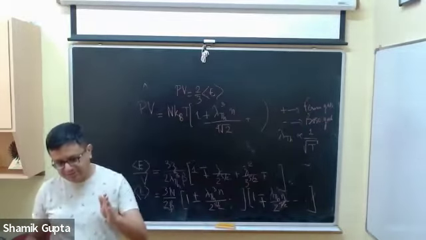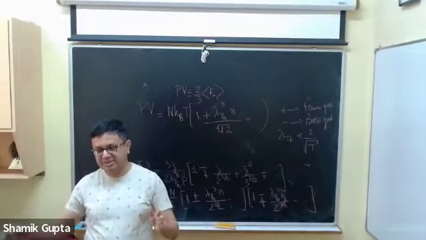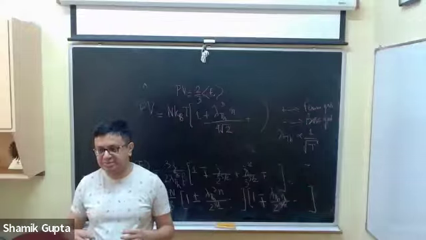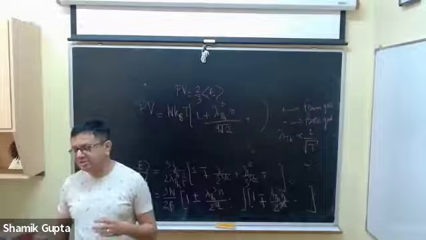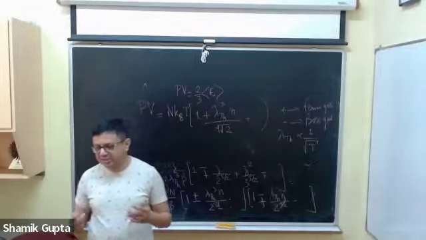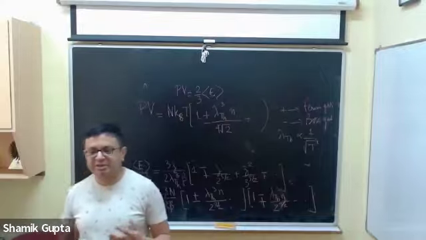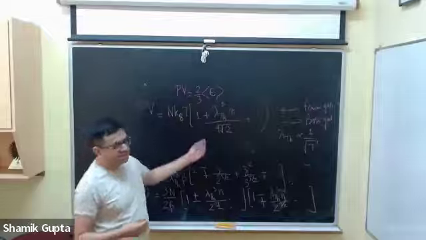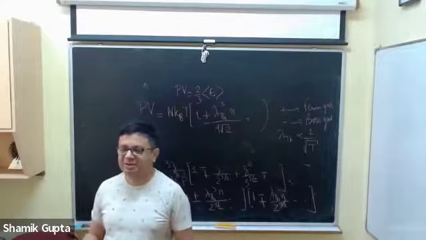When the wavelength is much larger than the interparticle spacing, then it's quantum. What you're asking is what happens when the two are equal. Then, when I do this truncation, I have to keep all the terms. It is neither classical nor quantum.